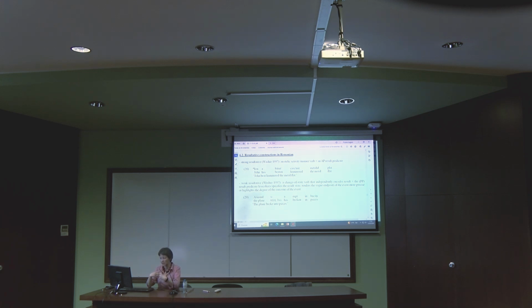With change of state verbs such as to break, to tear, to cut, which inherently denote change of state, the result predicate into pieces, into two pieces, into small pieces, and so on and so forth, only lexicalizes the result state already encoded in the meaning of the verb. To grow big, at least in Romanian, is not considered to be redundant.